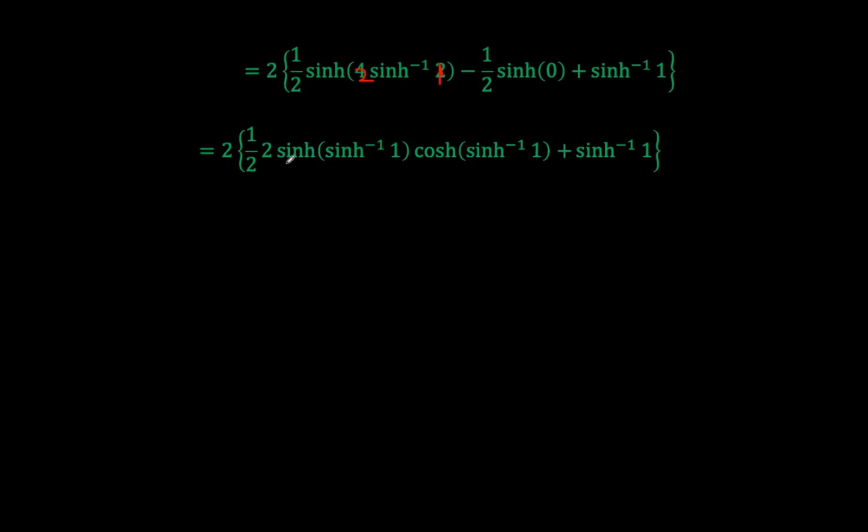Expanding these, we have 2 sinh of arc sinh of 1 times cosh of arc sinh of 1 plus, since this goes to 0, which is e to the power 0 minus e to the power negative 0, the same as 1 minus 1, so this goes to 0.